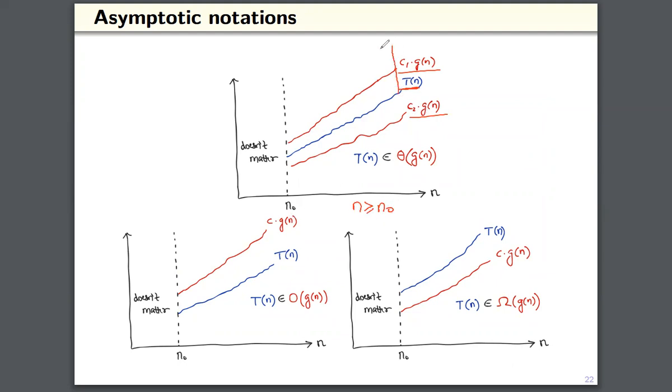It won't go beyond this. Next, O means it is upper bounded by constant times g of n. Omega means it is lower bounded by constant times g of n. It can be equal also; it need not be strictly greater than.